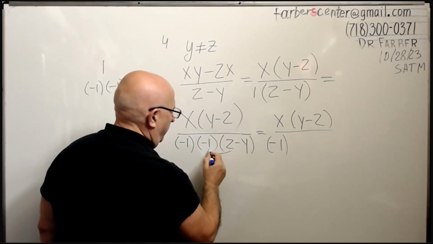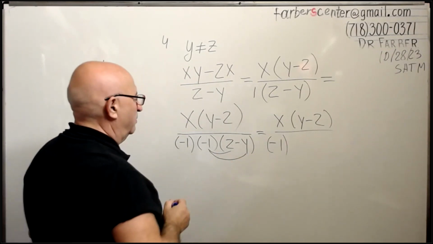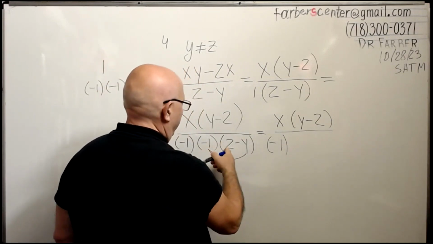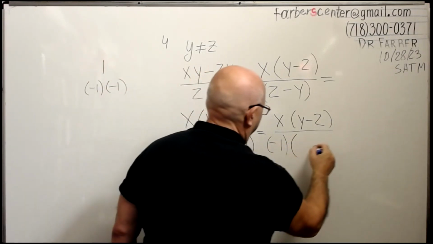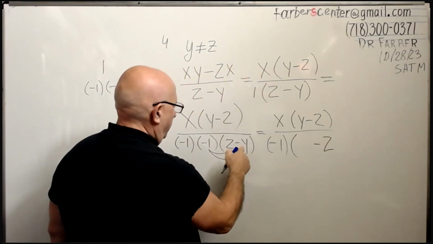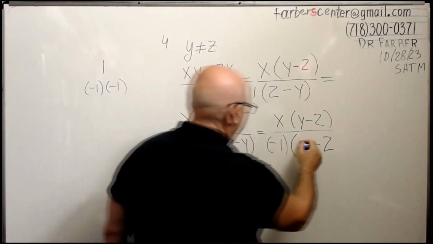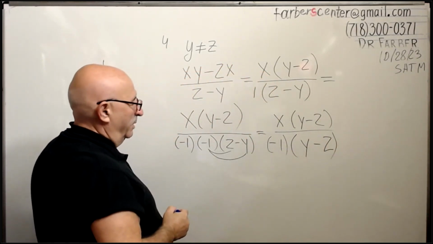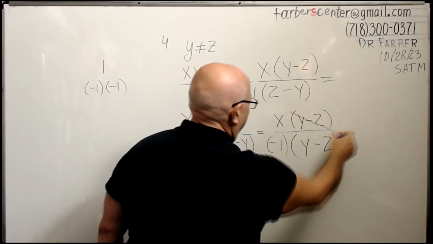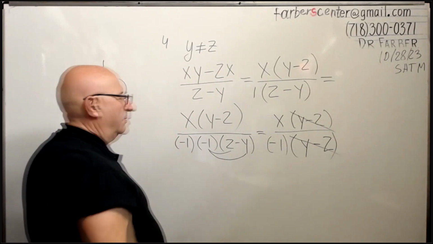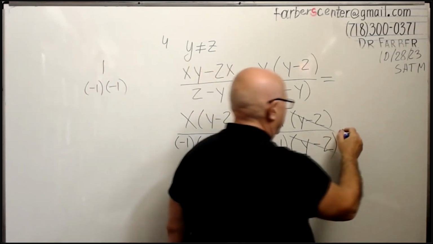When you multiply by negative 1 with the distributive property, you switch the sign to the opposite. Negative 1 times z is negative z, negative 1 times negative y is y. Now this and this I cancel out. x divided by negative 1 is negative x.